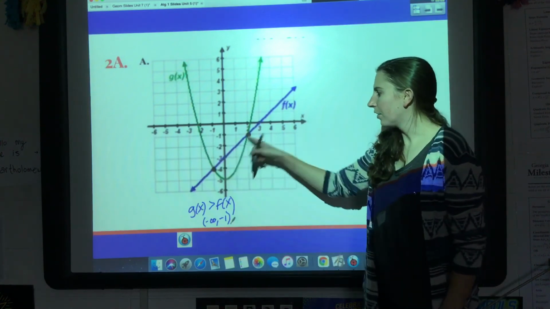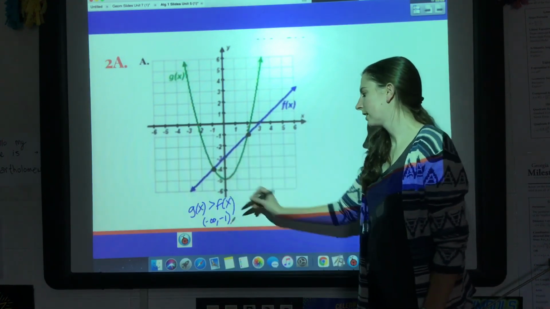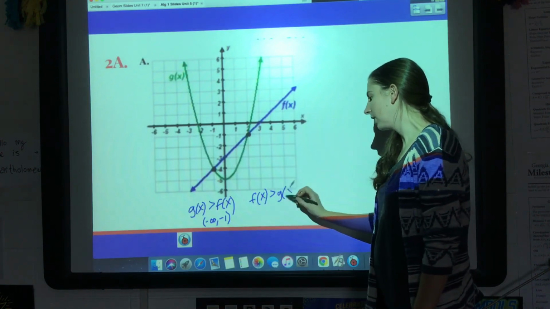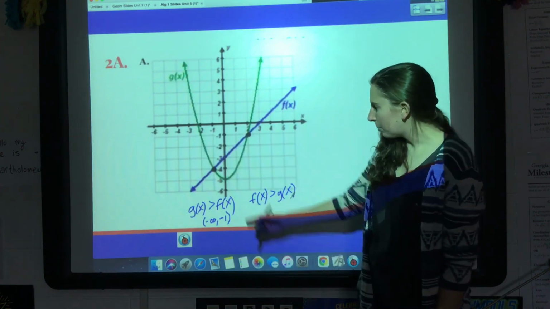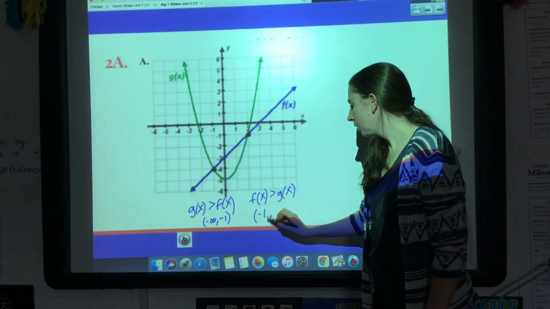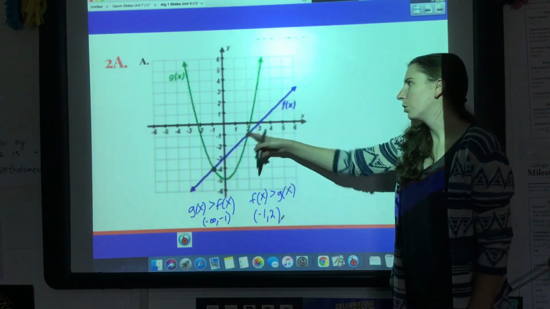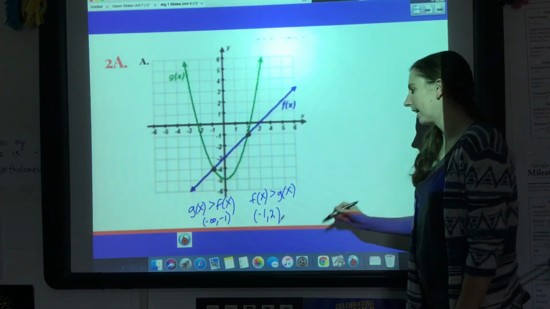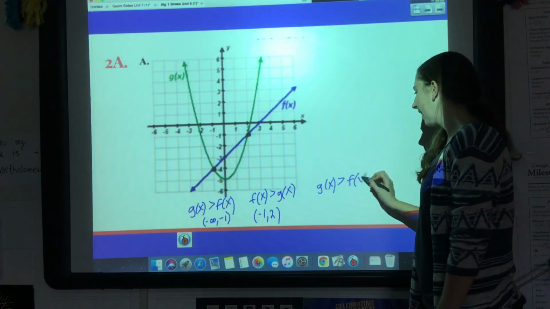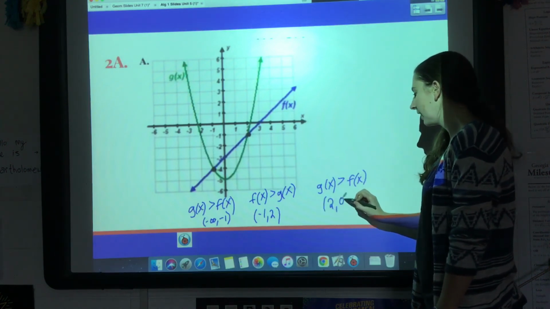Then f of x is greater than g of x because it's just above it, and that happens from -1 to 2. And then from 2 on, g of x is bigger again. So g of x is bigger than f of x from 2 to infinity.